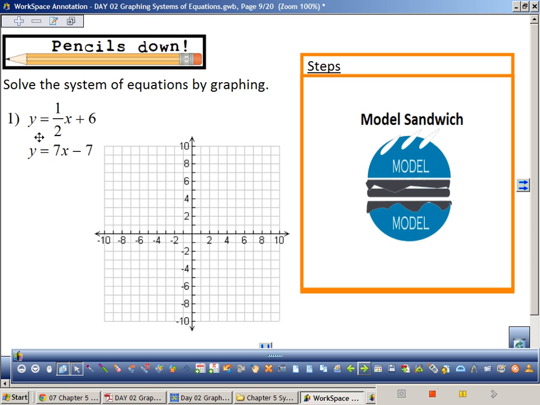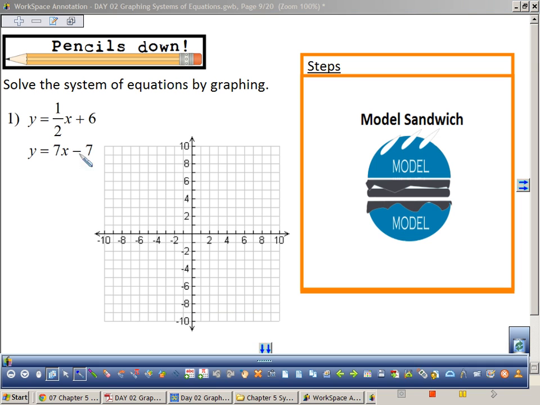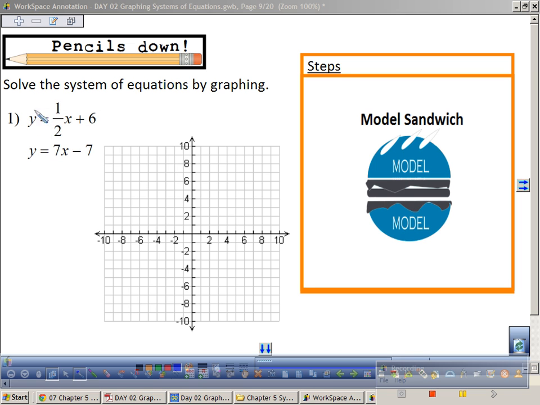All right, pencils down. So I'm going to solve this system of equations by graphing. I want my blue back. There we go. All right, so I don't need to solve for y because they're already in slope-intercept form. So based on this equation right here, I'm going to start at 6, and go up 1 over 2, up 1 over 2, up 1 over 2, up 1 over 2.